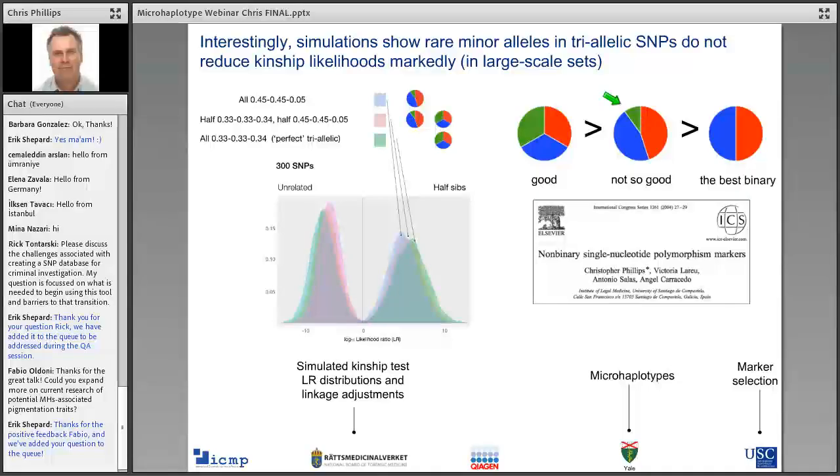And in fact, you can see that the shift in likelihood projections or distribution of likelihoods is quite marginal. So it's interesting that when you do actually include some triallelic SNPs that are supposedly less informative, it doesn't make a big difference to the actual kinship analyses.